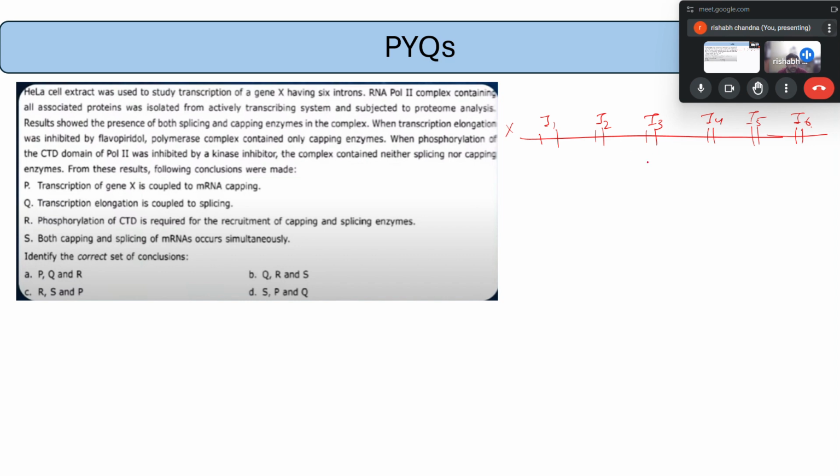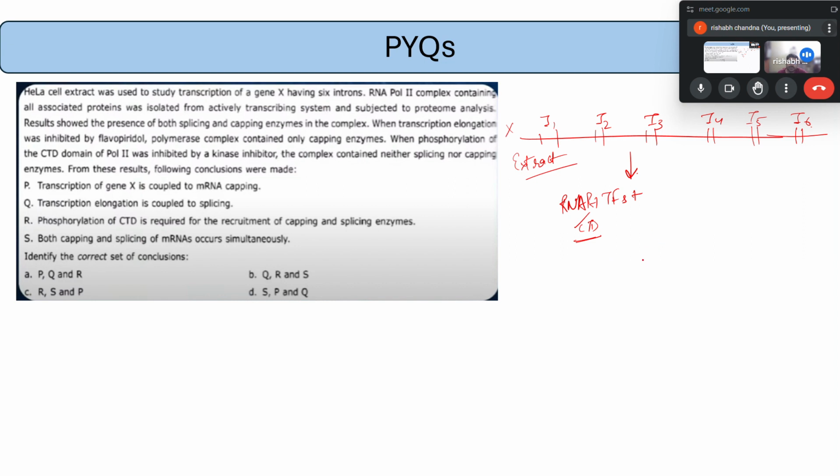So what they did was they basically isolated the extract from the HeLa cell that has the RNA polymerase plus transcription factors plus different enzymes associated with the CTD. Now they show the presence of both splicing and capping enzymes in the complex.